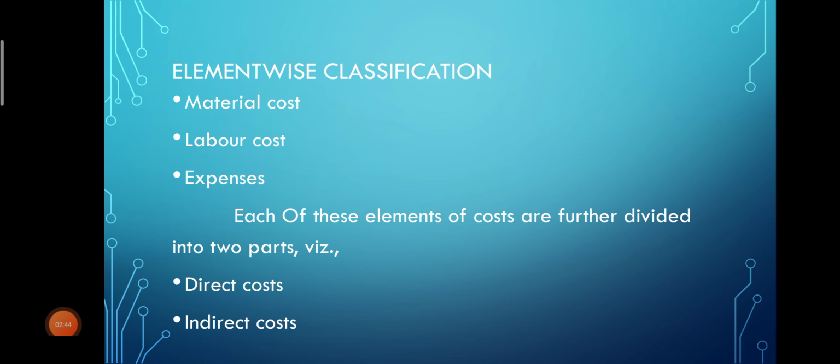Under material cost we have direct material cost and indirect material cost. Under labor cost we have direct labor cost and indirect labor cost. Under expenses we have direct expenses and indirect expenses. Now each cost we will be seeing in detail.